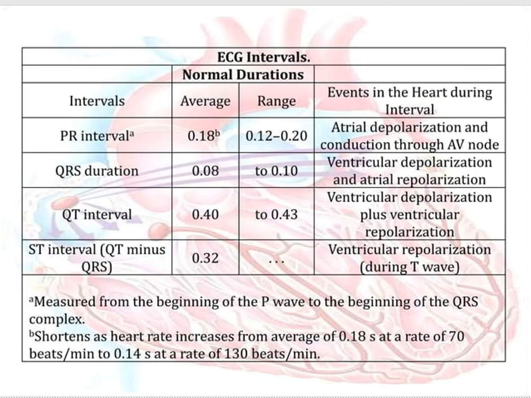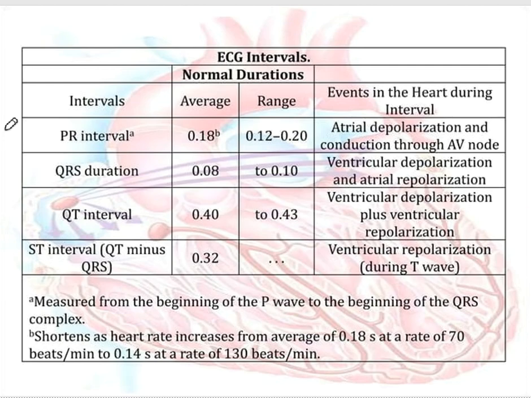The next point is the normal intervals, the normal durations. This is a complex thing, so I will simplify it. The P wave is 0.12 to 0.20 seconds, which on the ECG paper goes up to 3 blocks in width and 3 blocks in height.